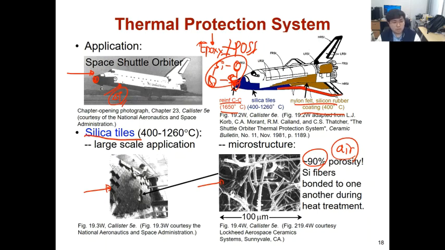Then a power plant system also experiences very large temperature changes from the off state to the operating state.